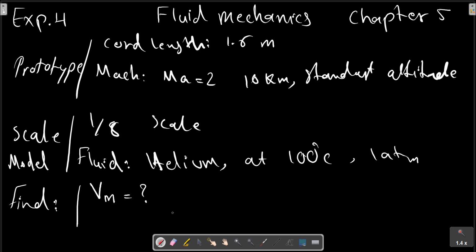It will match the Mach number and Reynolds number of the prototype. In each case, criticize the lack of dynamic similarity. What high pressure in the helium tunnel will match both the Mach and the Reynolds number?